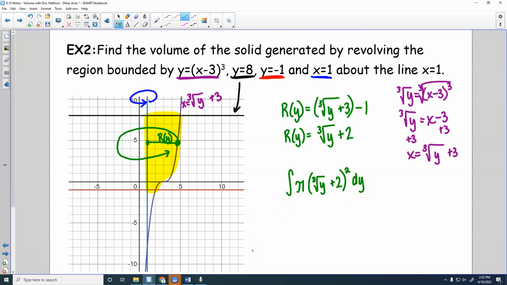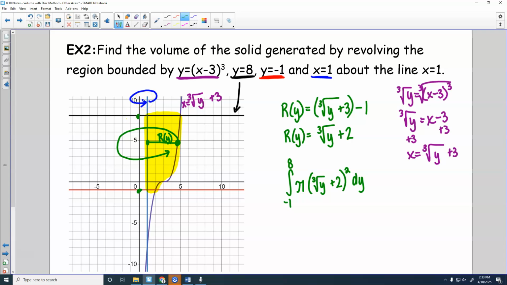What should my limits be? Not 1 and 5, 1 and 5 is bad. What has Tyler done when he said 1 and 5? He looked at the x. And what did you say, Lexi? Negative 1 to 8. Because those limits have to come from that y-axis since this is in terms of y.